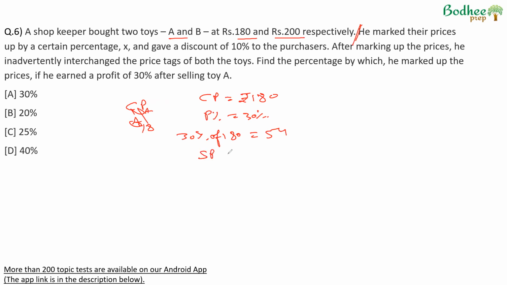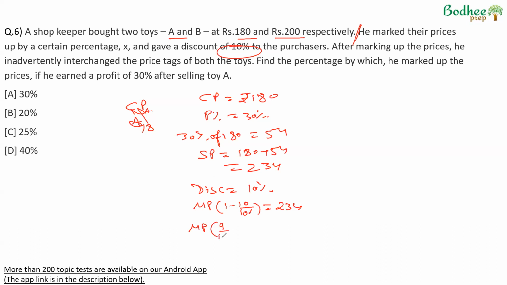And therefore, A has been sold for 180 plus 54, which is 234. This is after a discount of 10%. Therefore, marked price into 1 minus discount upon 100 is equal to selling price. So the marked price on A would be 9 upon 10 of it equals 234. 10 upon 100 is 1 by 10. 1 minus 1 by 10 is 9 by 10.